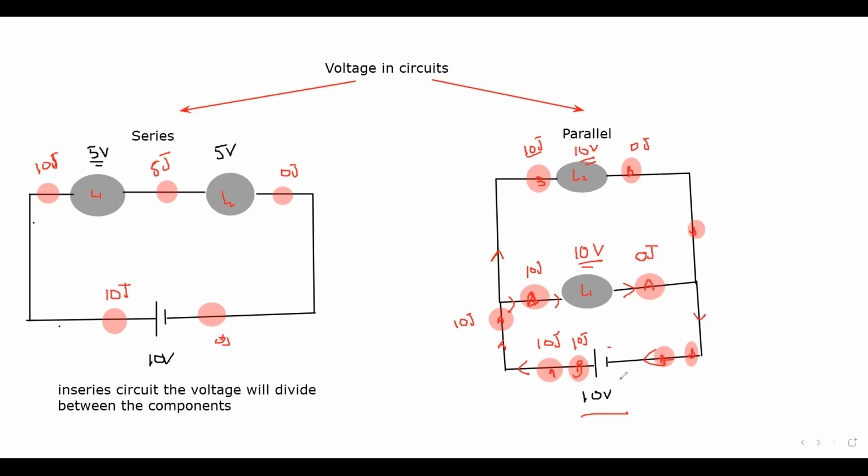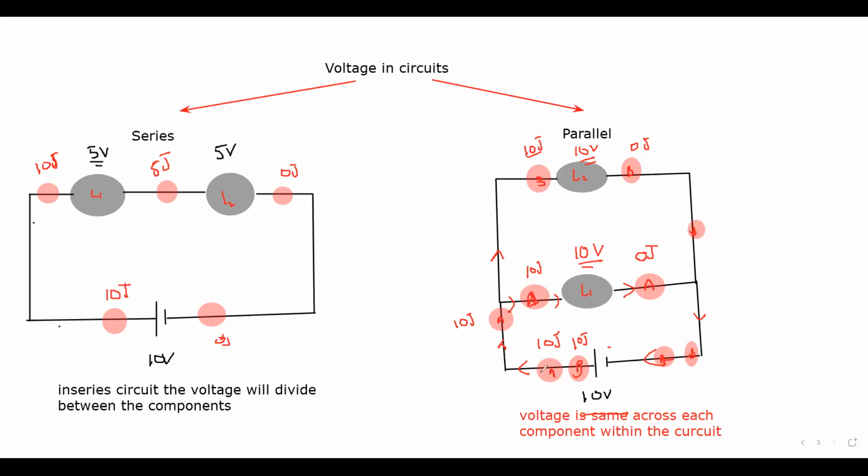So you can see in a parallel circuit, the voltage is the same across each component within the circuit. Is it clear? Because in parallel, there are two paths available for the charges to flow.